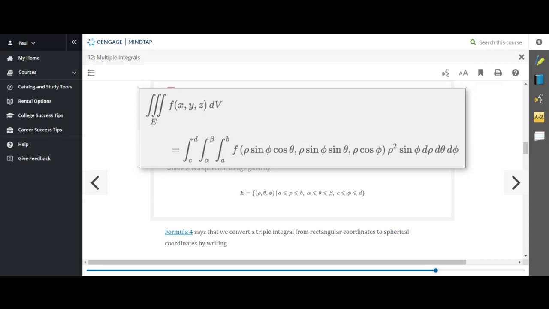And sometimes students have difficulty remembering the rho squared sine phi d rho d theta d phi. How many might have a little trouble remembering that part, the dV part of the triple integral, like on an exam, for instance?